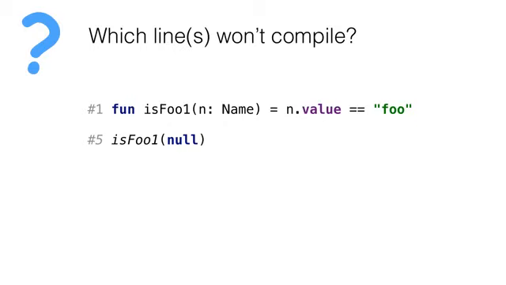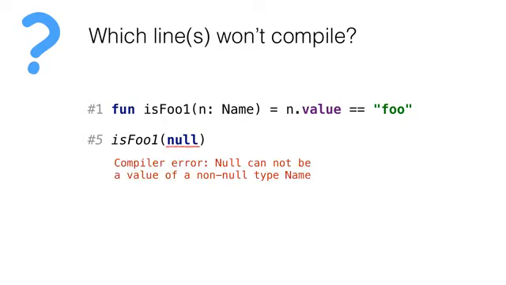The first function takes a parameter of non-null type, and the function is fine, but the problem is that we can't pass null whenever a non-nullable type is expected. The compiler error says that null cannot be a value of a non-null type. It is broken, because if it were allowed, then you would get a null pointer exception. This line doesn't compile.